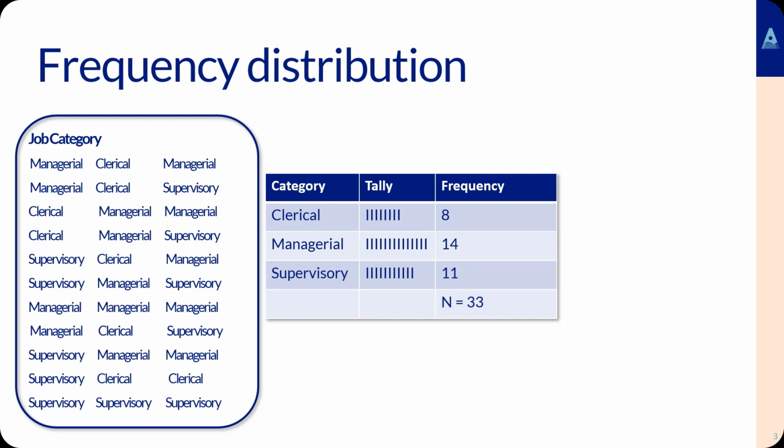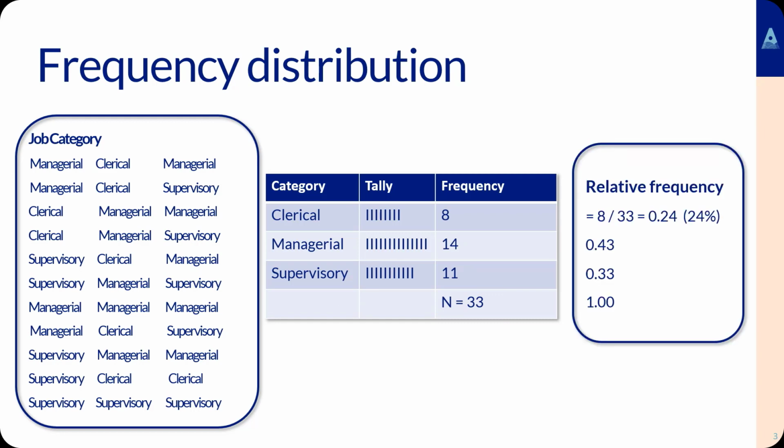And from that frequency table, we can then also create a relative frequency. So we can see the relative size of each category. So you can see that clerical makes up 24% of all the data, managerial makes up 43%, and supervisory makes up 33%. So we create a frequency table and then usually a relative frequency calculation.